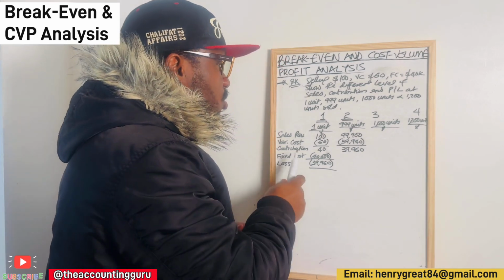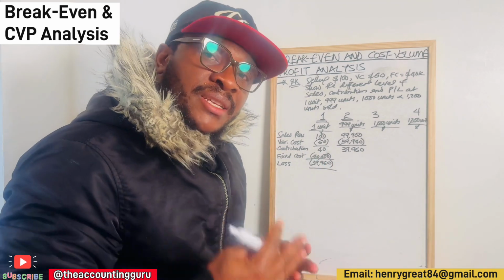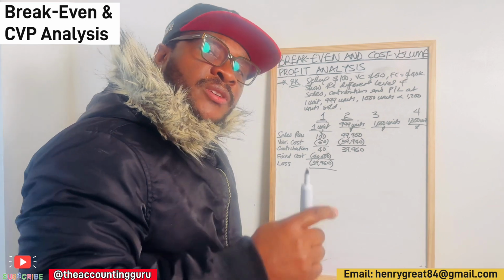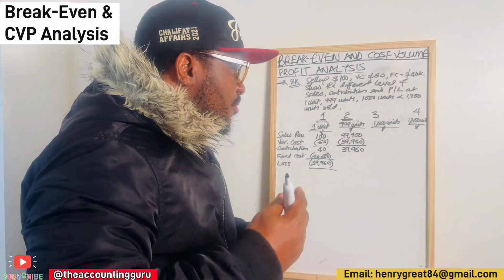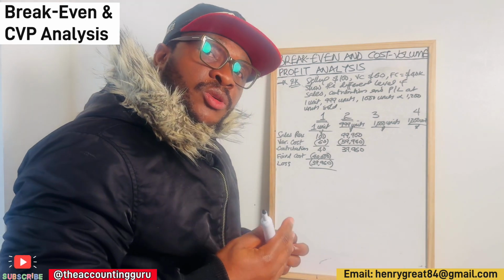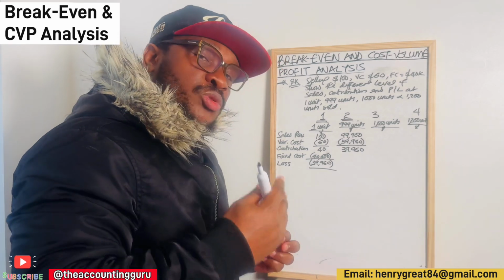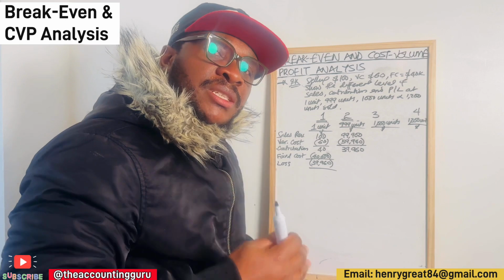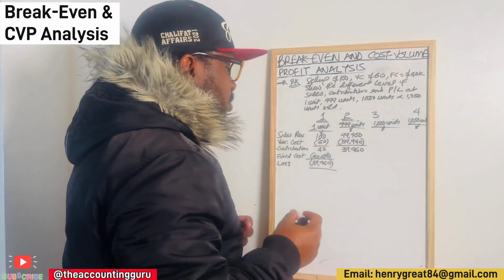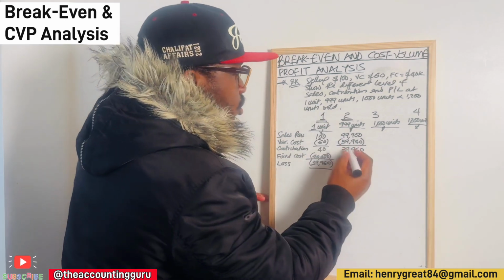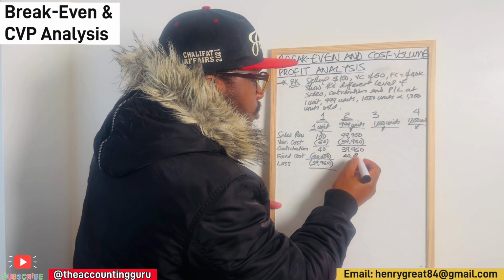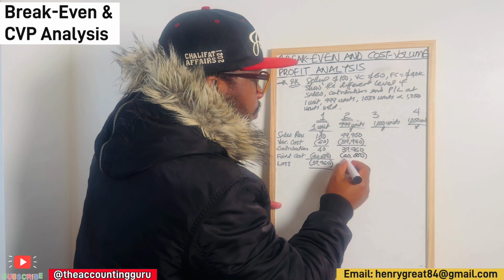Perfect. So fixed cost in level 2 would also remain the same. Definitely. Don't forget what we said about fixed cost. Fixed cost would remain the same irrespective of the level of activity. Fixed cost in level 2 will also be $40,000. Perfect.